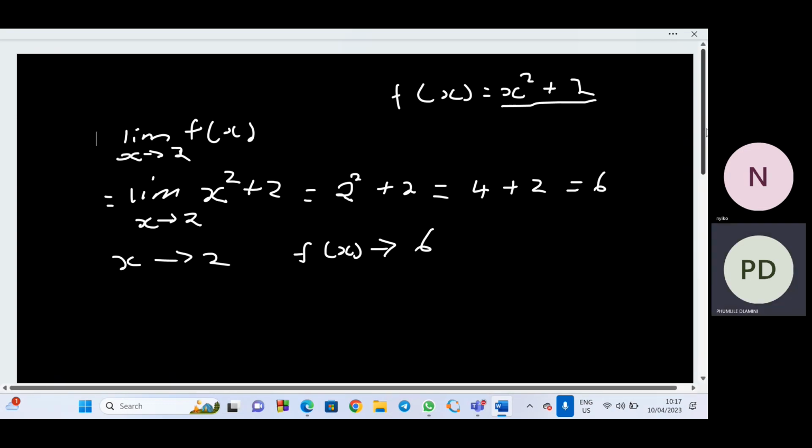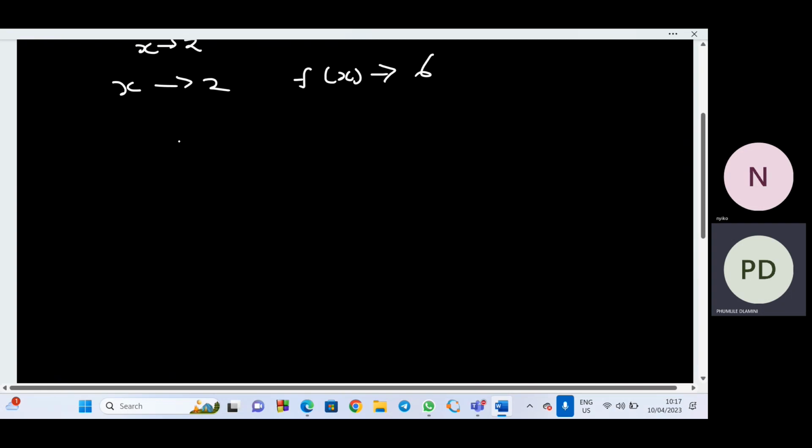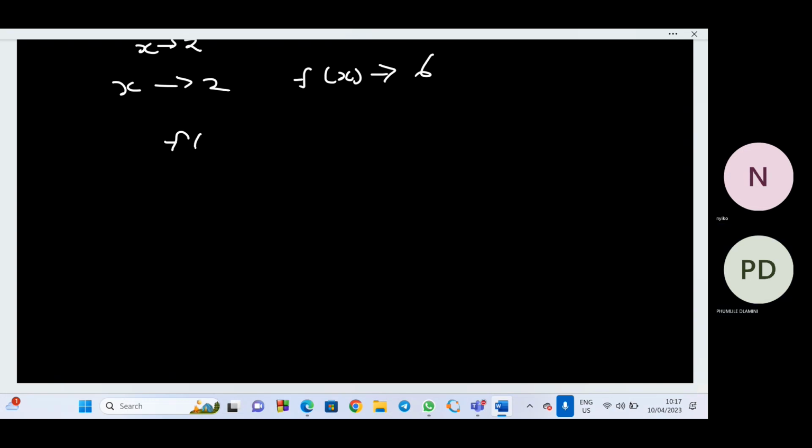Sometimes you can be given another example. Let's do another example. You can be given f of x equals x squared plus 3 over x plus 1.